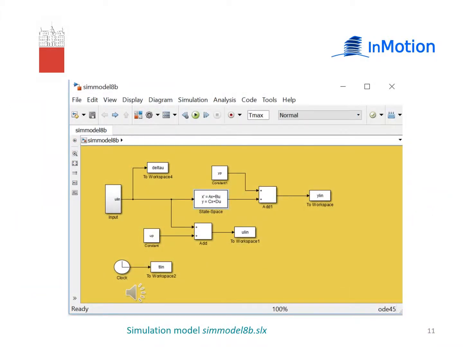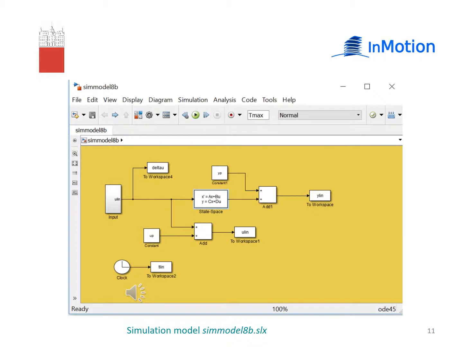For testing purposes, an additional simulation scheme SimModel8B.slx was generated, as presented here. In this case, the State-Space block was used for the linear model realization, as in this form the result from the function linmod is expected.